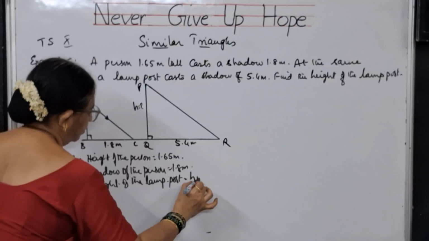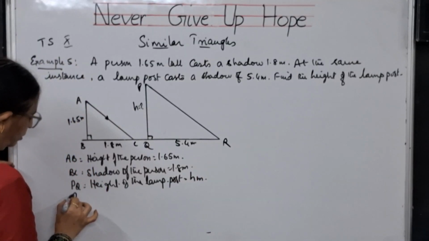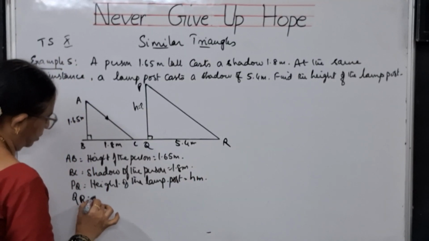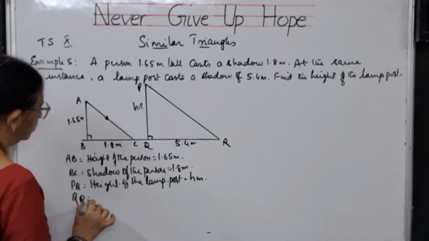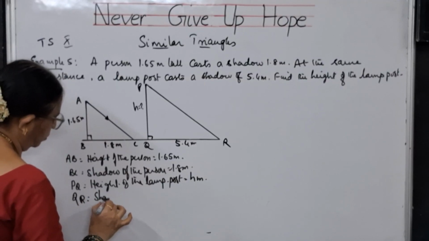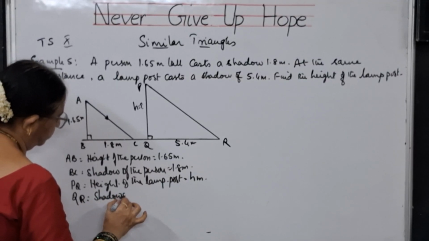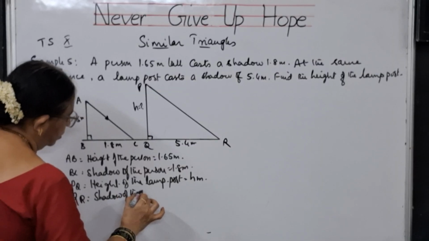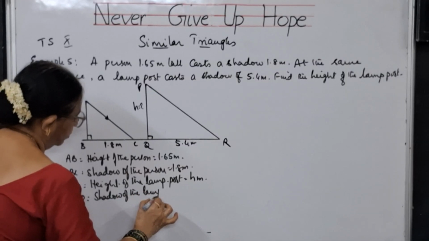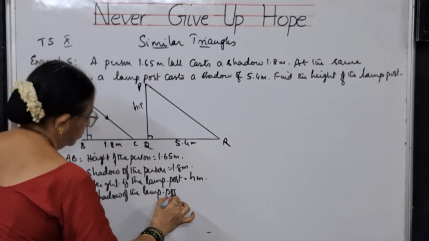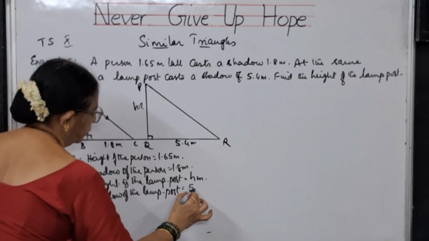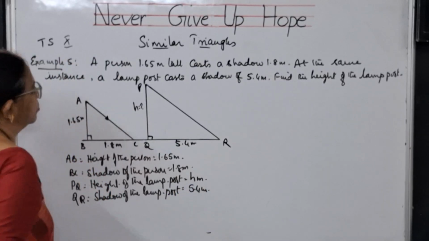We will consider it as H meters. QR is the shadow of the lamp post, which is nothing but 5.4 meters.